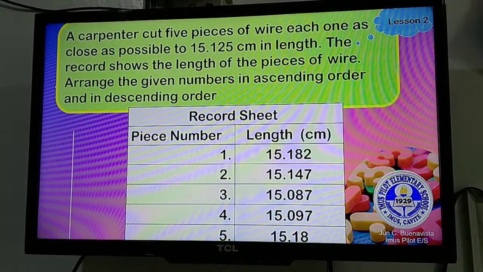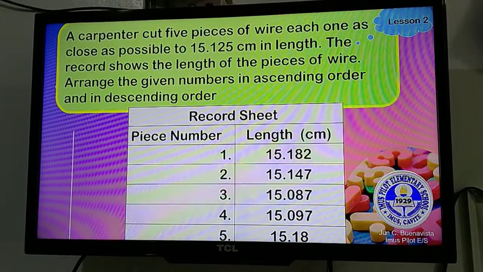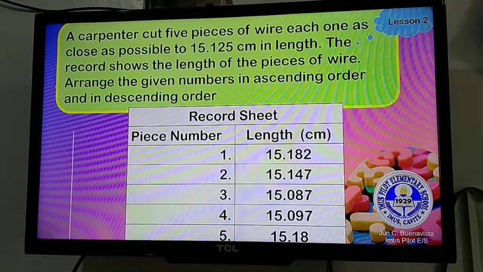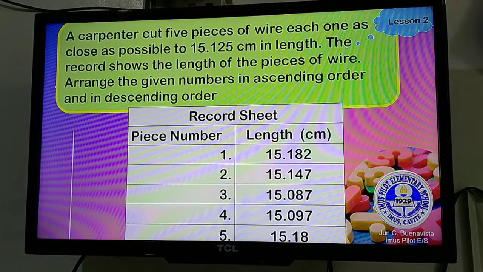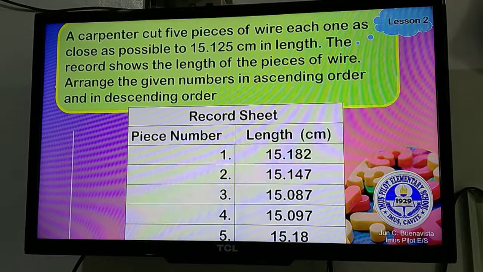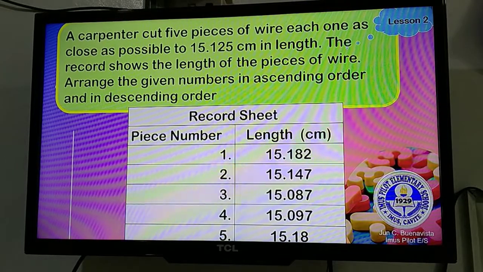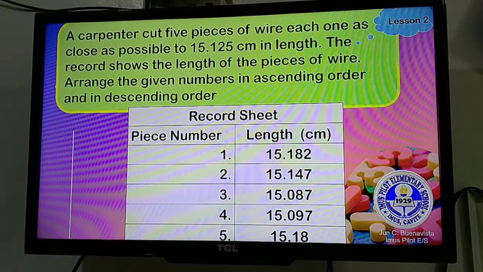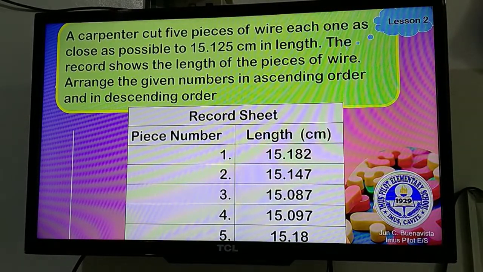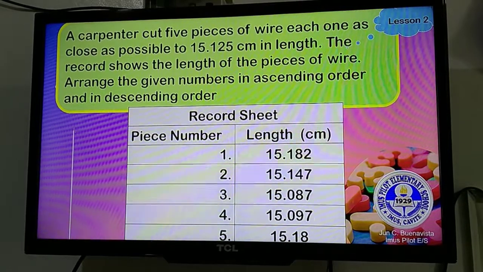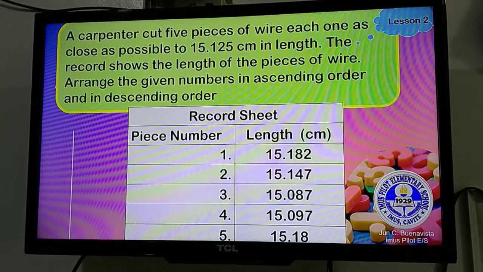So this is our record sheet. Piece number 1, 2, 3, 4, 5. Then the length that he cut is 15 and 182 thousandths, 15 and 147 thousandths, 15 and 87 thousandths, 15 and 97 thousandths, and 15 and 18 hundredths.